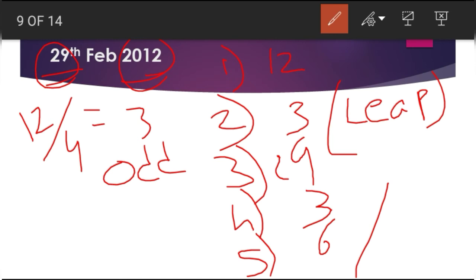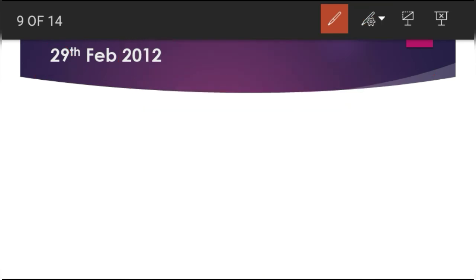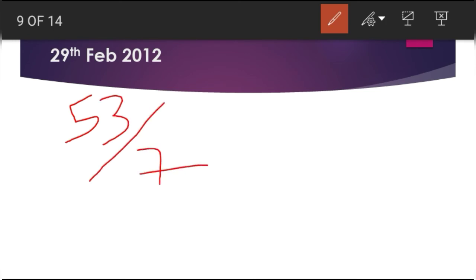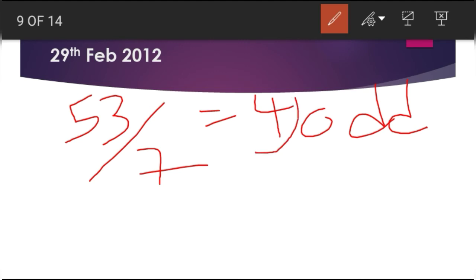Okay, 53. We have half completed the process. Then 53 by 7. Now 7 sevens are 49, so 4 odd days. 4 odd days means now we have to minus 1 because it is a leap year.